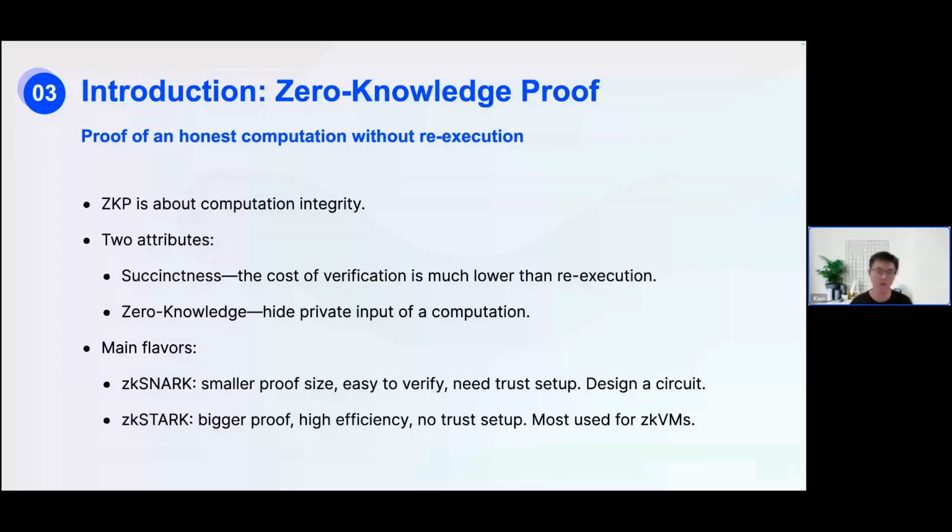So it's quite small, and it's very easy to verify at the smart contract level in the blockchain. One issue with zk-SNARK is that it usually requires a trusted setup, which is long and sometimes criticized by the community as not being a very decentralized process. So you need to do some pre-processing and trusted setup for using a zk-SNARK.